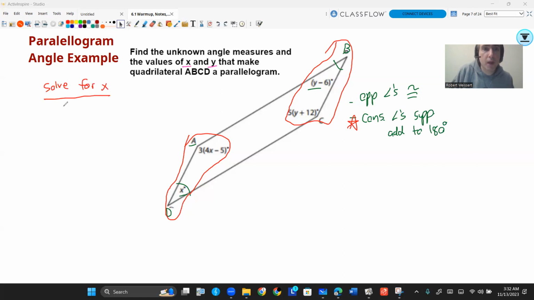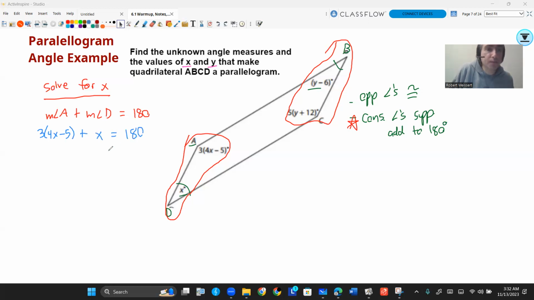To do that, I'm going to use my property that the measure of angle A plus the measure of angle D, since those are consecutive, add to 180 degrees. The next thing I'm going to do is substitute the expressions for those. So I'll have 3 times (4x minus 5) degrees plus x equals 180.